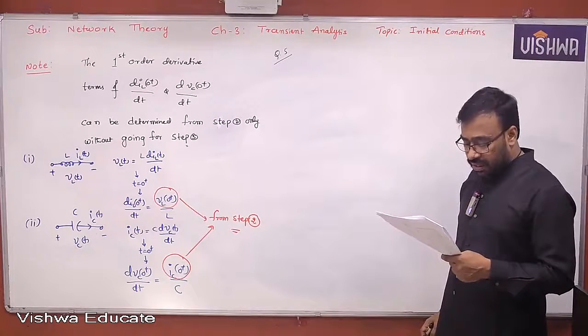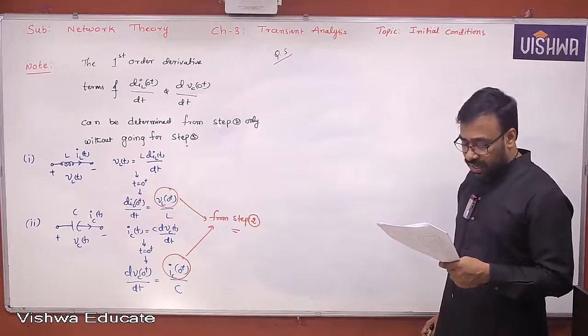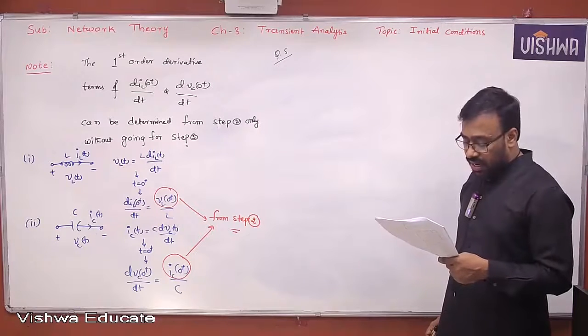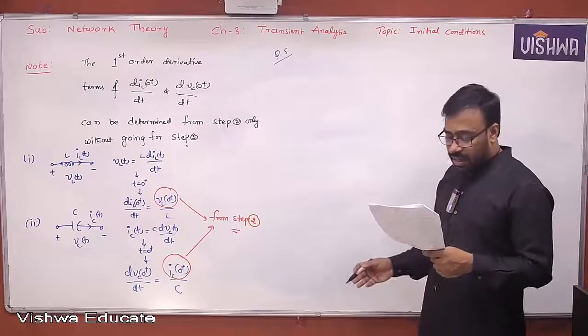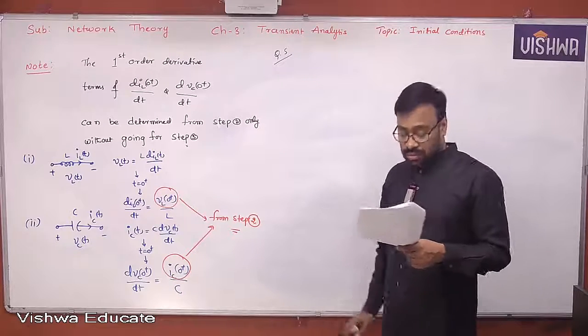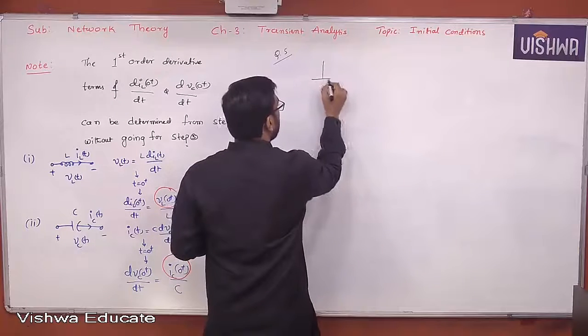It's very clear. In the network shown below, the switch is moved from position A to B at t equal to 0. Solve for di by dt at t equal to 0 plus if R, L, C, V values are given as shown. Okay. So now let me draw it meanwhile.